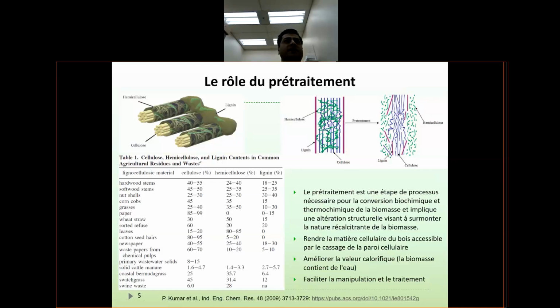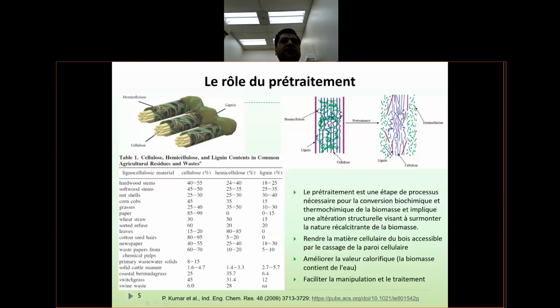Lignocellulosic biomass, in fact, tells you how cellulose, hemicellulose, and lignin are arranged together. As you see, this light yellow color is cellulose, and cellulose is wrapped up by a mingled shape of hemicellulose, and you can see that hemicellulose is holding cellulose materials together.